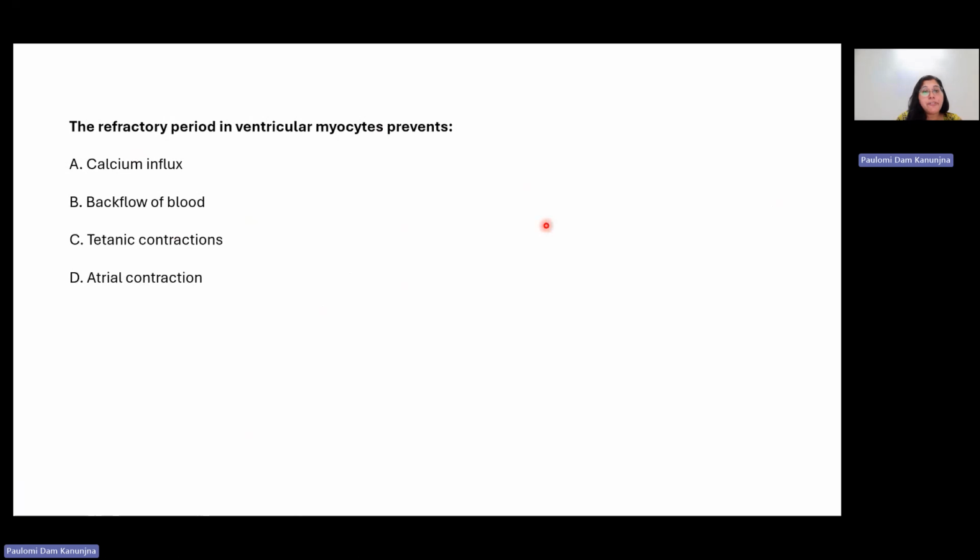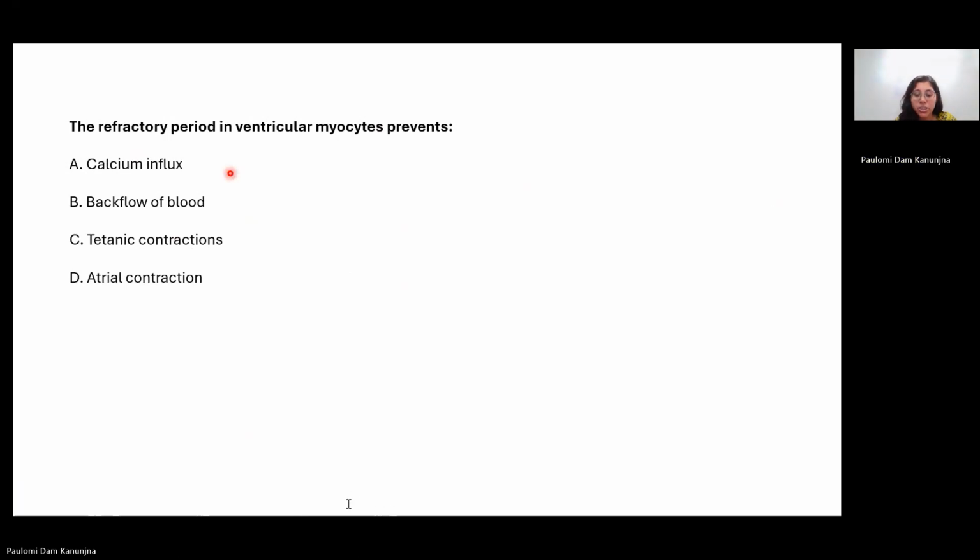Okay. So the refractory period in ventricular myocytes prevents what? So what is the refractory period doing? So this is a connection to what we've already studied a few classes before, right?